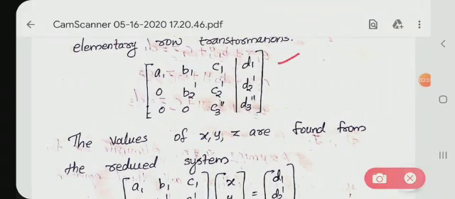In the second row, the first entry is 0, that is, we convert a2 to 0, and b2 becomes b2 dash, c2 becomes c2 dash, d2 becomes d2 dash. Similarly we convert the first two entries of the third row to 0, and c3 becomes c3 double dash, and d3 becomes d3 double dash.